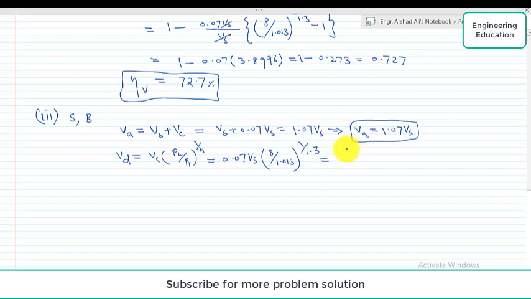So simplifying this, we get 0.343 times Vs. So the value of Vd comes out 0.343 times Vs.